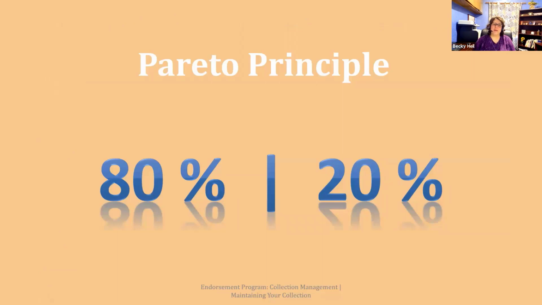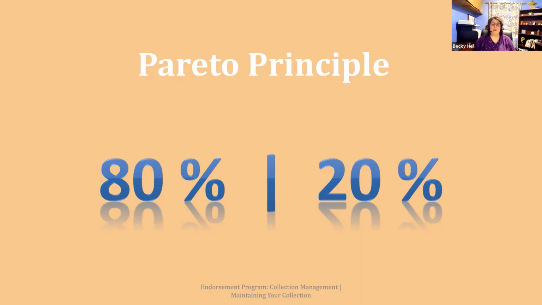This is another principle that I learned a long time ago. It's called the Pareto 80-20 rule. It's not from the library field, but there are many uses for it in libraries. Pareto's rule states that a small number of causes is responsible for a large percentage of the effect.